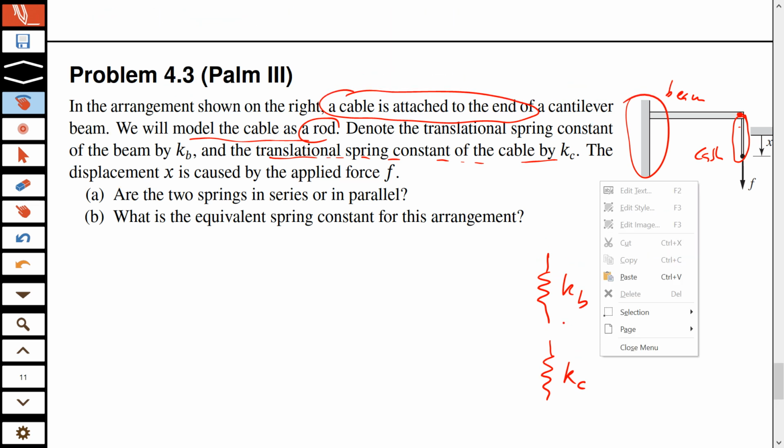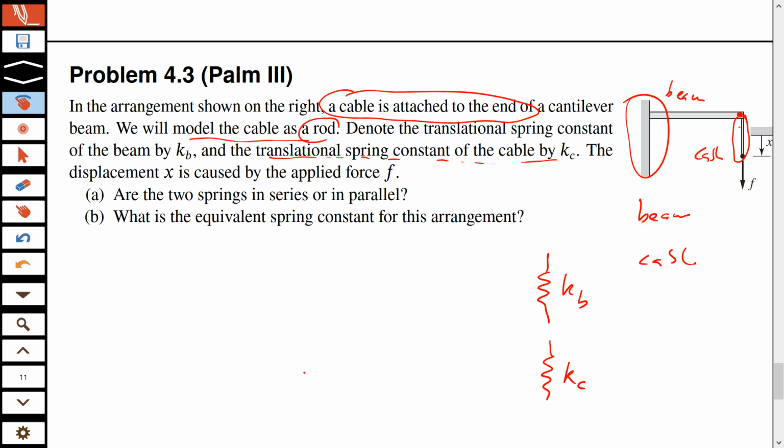So let's say you are given these two expressions, and now the further piece of information given is that the displacement x is caused by the applied force. इसका मतलब ये है कि जो केबल जिसको हमने रॉड के तौर पे किया हुआ है, जो उसकी डिस्प्लेसमेंट है वो F की वजह से है. इसका क्या मतलब है कि जो फोर्स F है, लोड, वो इस स्प्रिंग पे लगा हुआ है, इस पे नहीं लगा हुआ. ठीक है, वो सिर्फ एक पे लगा हुआ है.